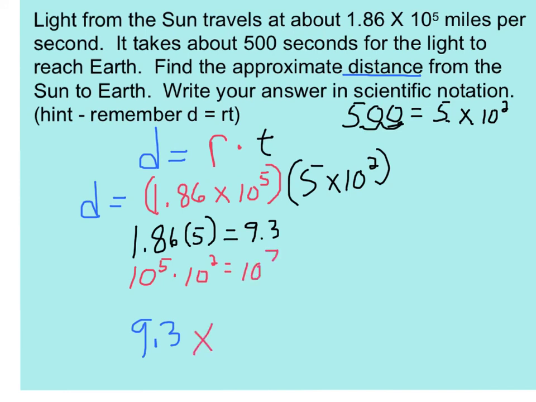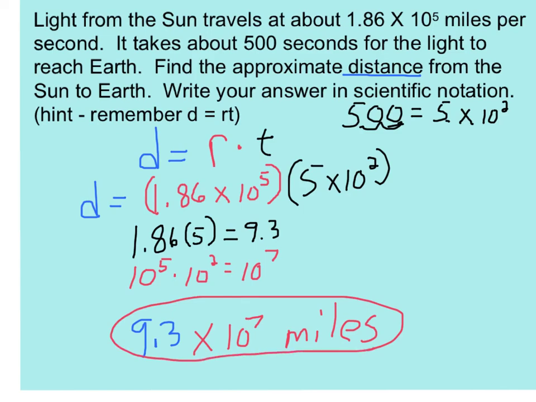So I'm all set. All I need to do is label it, and that would be miles. So 9.3 times 10 to the 7th miles is how far it is from here to the sun.